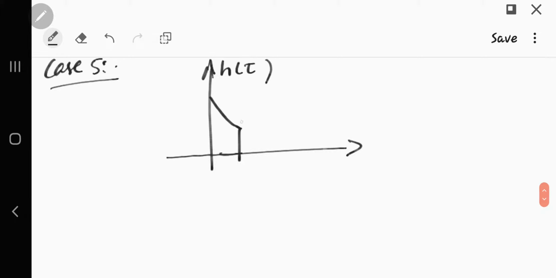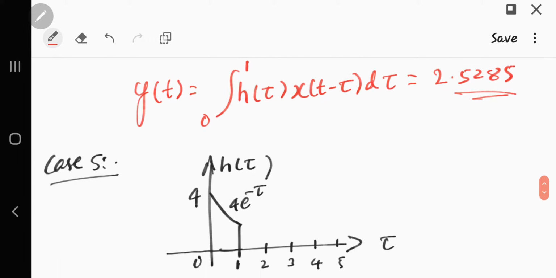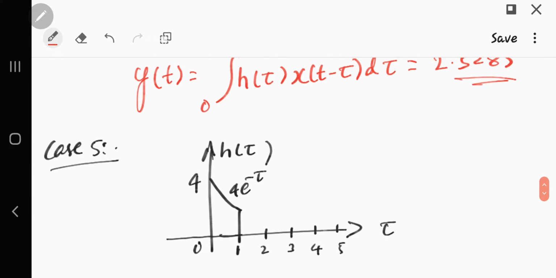So here we'll further move the signal to the right. Four into e power minus tau. This is 0 to 1 here. So 2, 3, 4, 5. So let's take, now observe, I will keep this t plus 2 here. So 1, 2, 3, 4. So 4 divisions.